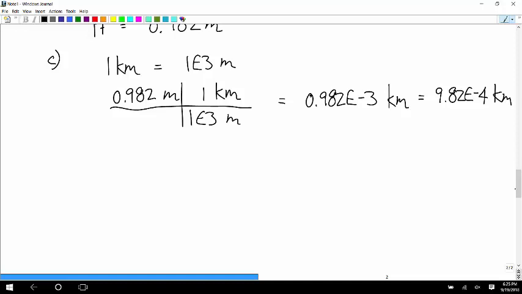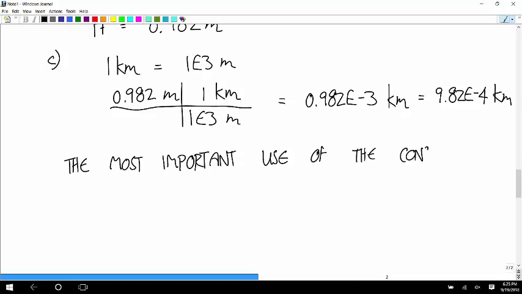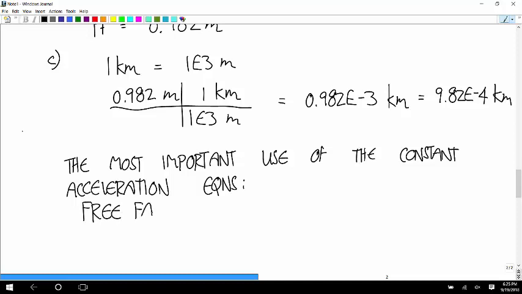Now we're going to talk about really the most important reason that these constant acceleration equations are important. The most important use of the constant acceleration equations, and that is free fall and projectile motion.